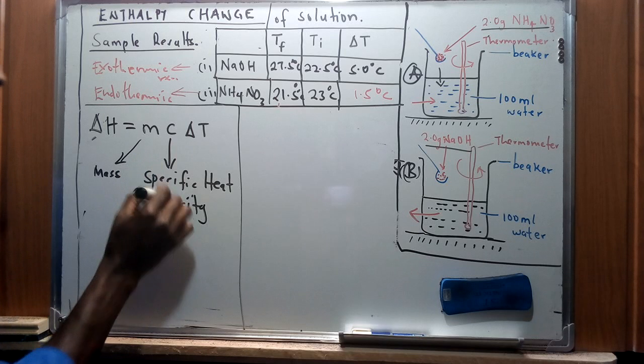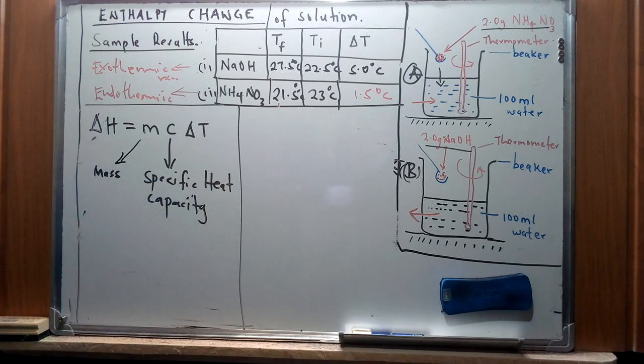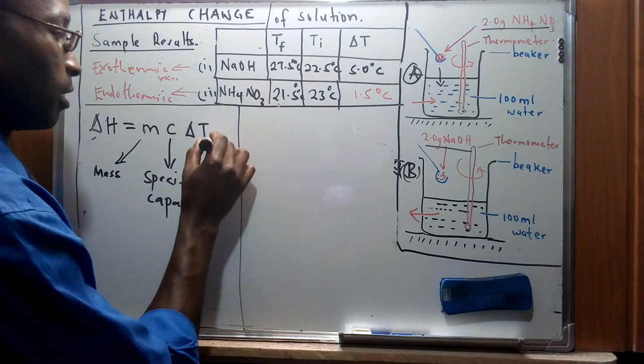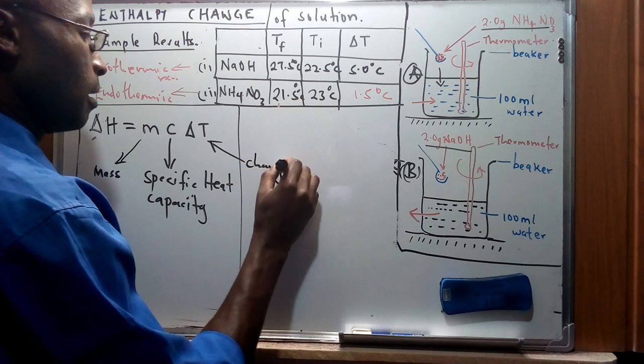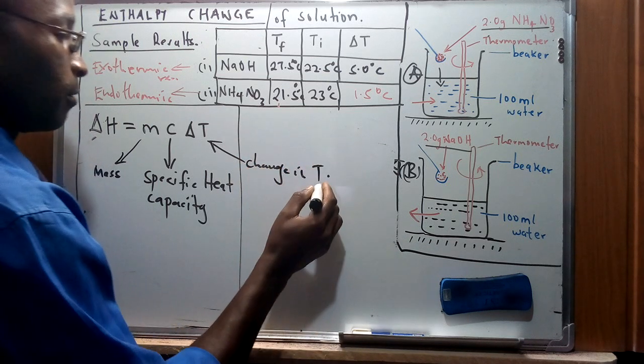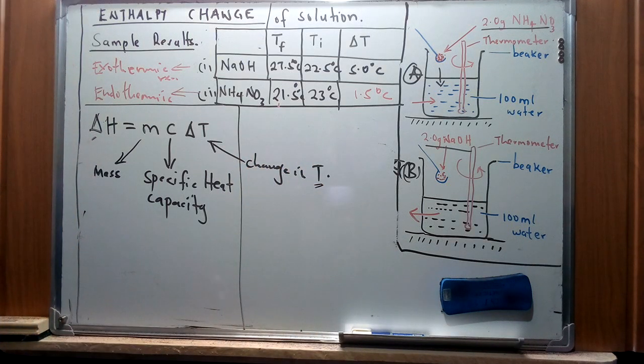Now, when something is specific, it implies that different substances have a unique quantity of that particular measure. And delta T here is the change in temperature. So we're going to have a reading for this specific heat capacity.